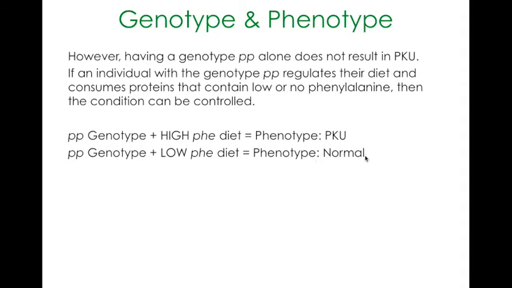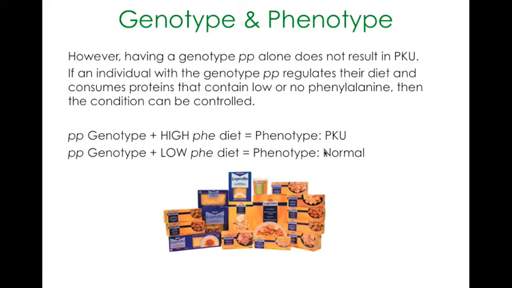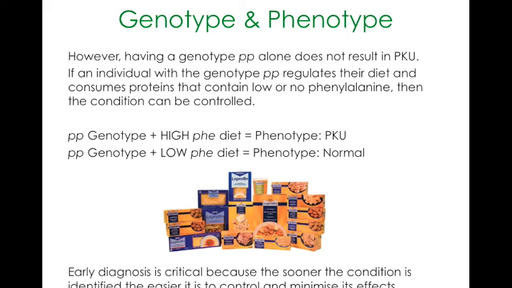Yeah, they won't develop PKU. And so you can see there that there is a whole set of PKU-friendly diets that individuals can have, and the earlier you find it and the more you manage it, the more you are able to reduce the effect it has on the brain. Right? So early diagnosis is really critical because the sooner the condition is identified, the easier it is to control and to minimize its effects.